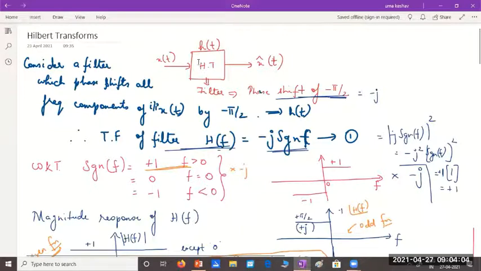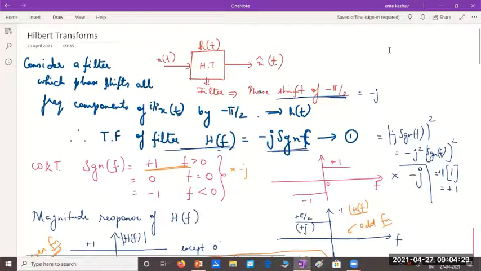Our assumption was easy. In the frequency domain, we assumed the transfer function of this Hilbert transformer to be minus j into signum of f, because we know the definition of the signum function, which gives us the value +1 for positive frequencies and -1 for negative frequencies.